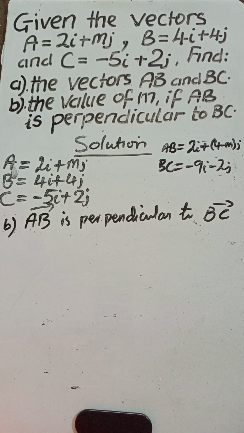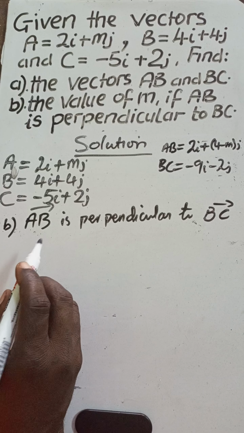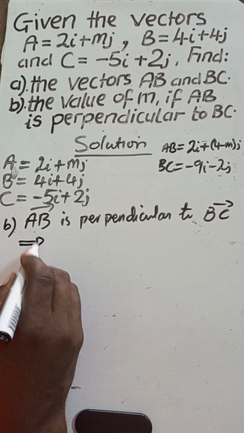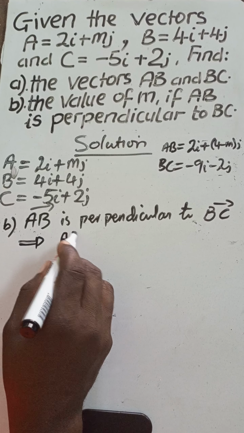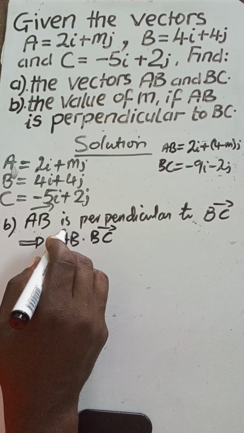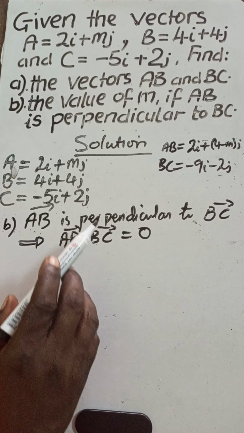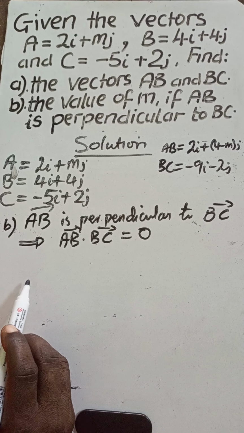We have to exploit that property. Two vectors are perpendicular if and only if their dot product is 0. So if the vector AB is perpendicular to the vector BC, it must mean that the dot product of AB and BC must be 0.